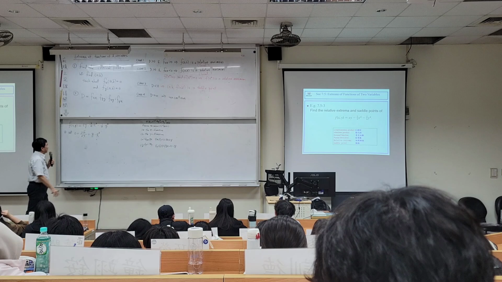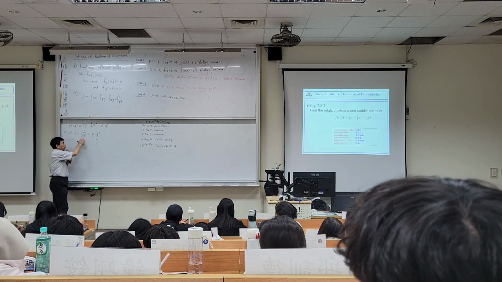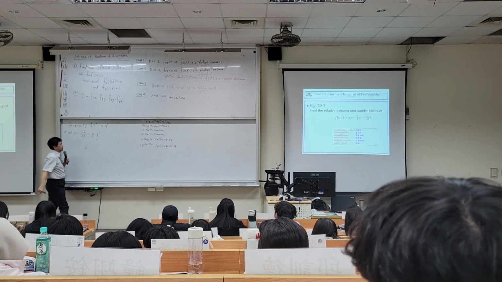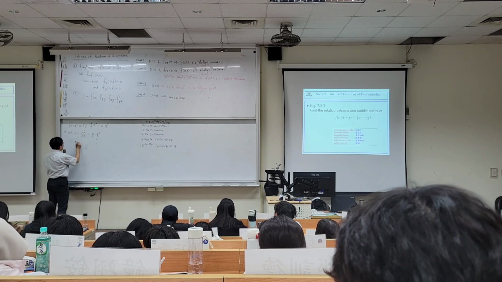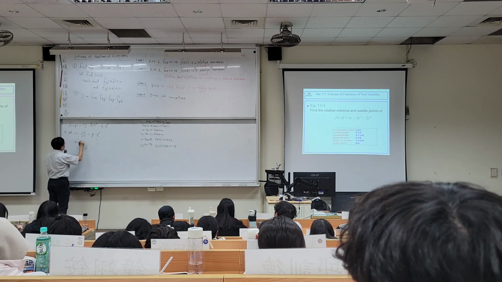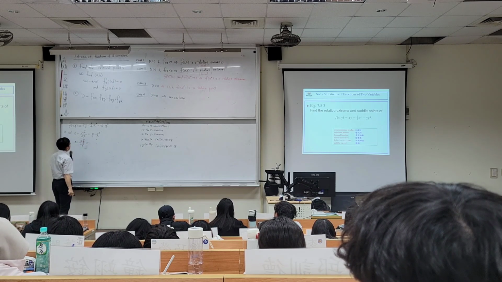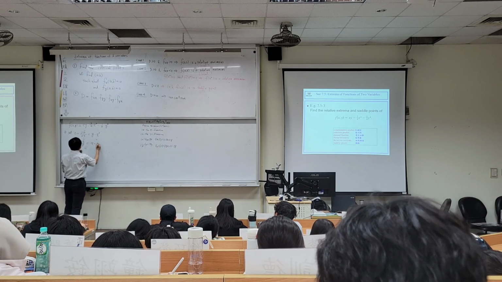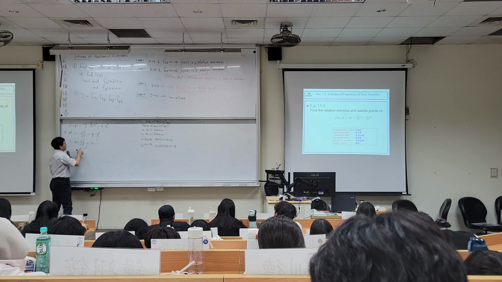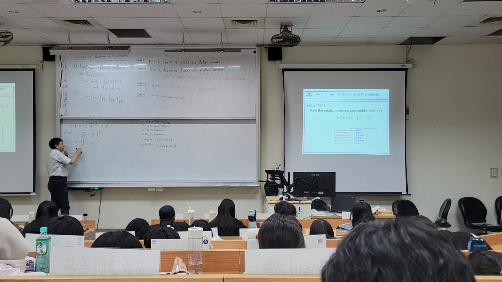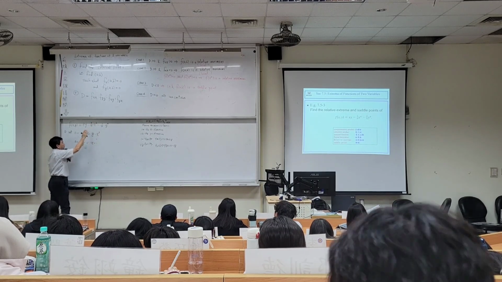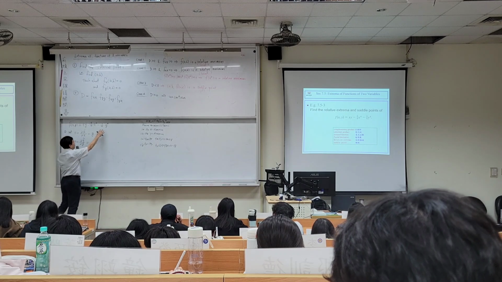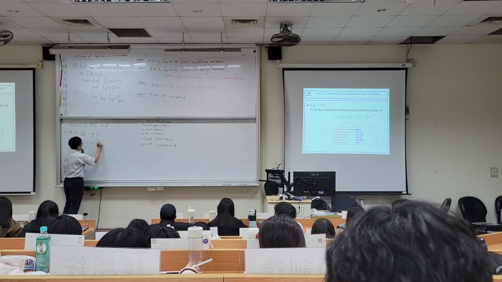Because taking the partial derivative with respect to x, you treat y as a constant, you get 0 there. Also taking the partial derivative with respect to y, you get x minus y cubed, because x is treated as a constant.